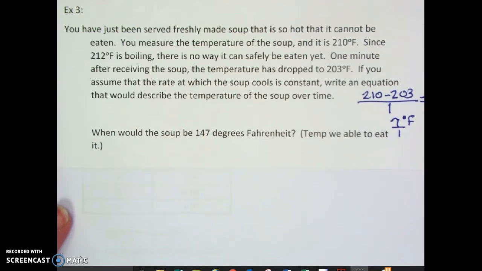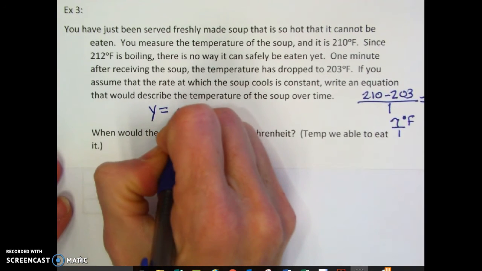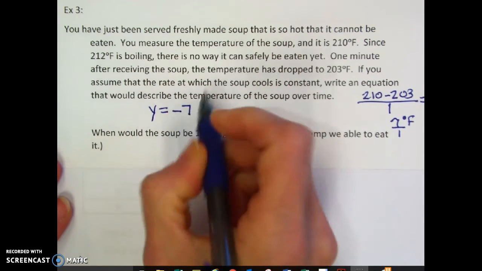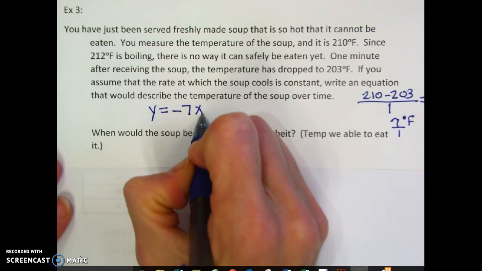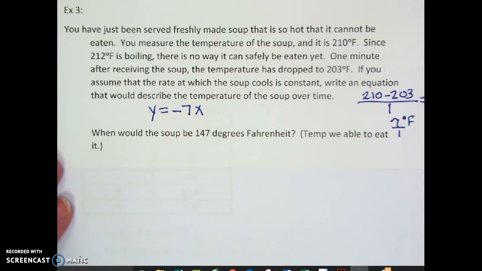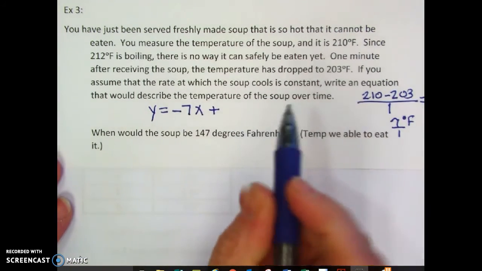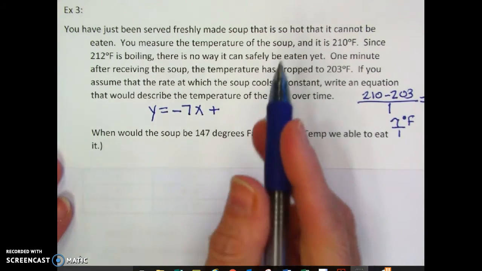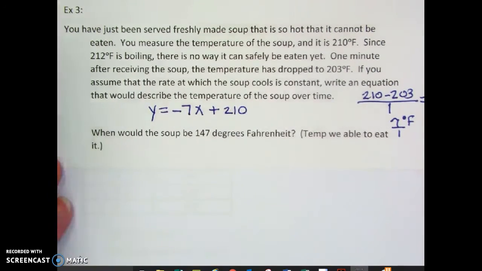So if it's changing 7 degrees Fahrenheit in 1 minute, that's the same as the slope. That is your rate of change. So y equals -7x, because it's actually going down 7 degrees Fahrenheit. And then the y-intercept is the amount that your soup started at. Well, the soup started at 210 degrees. So there's your equation for this line.